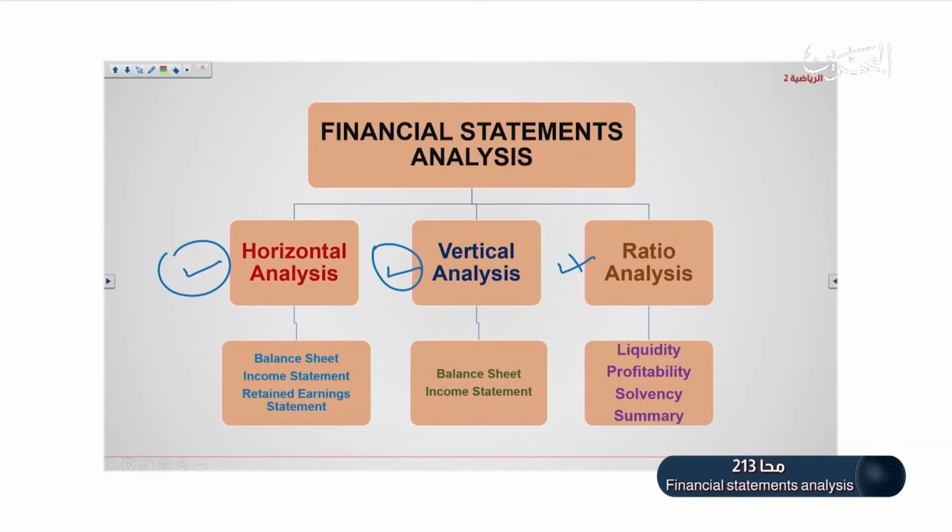In horizontal analysis, we will use the balance sheet, income statement, and retained earnings statement figures. In vertical analysis, the balance sheet and income statement. For the ratio analysis, it will not be covered in this chapter, where we can use liquidity, profitability, solvency, and summary.